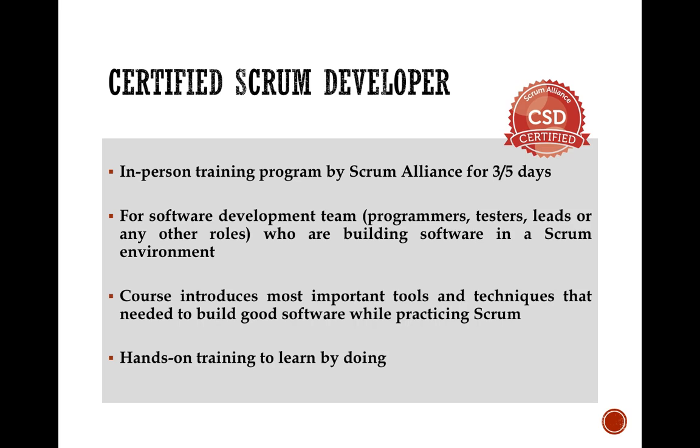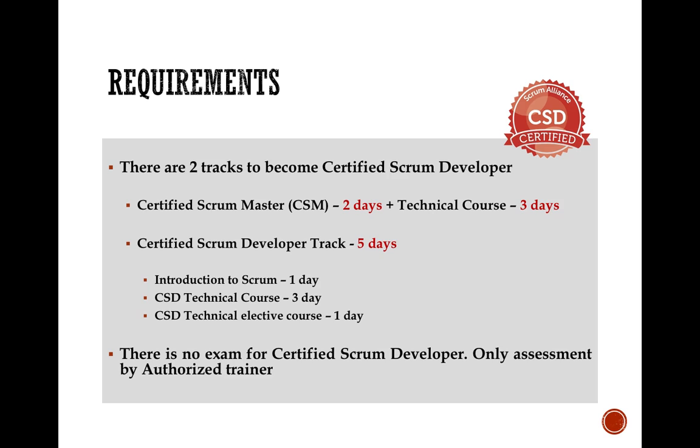The workshop introduces some of the important tools and techniques that help us to build good software, maintaining high quality. This training is hands-on, where you will learn by doing yourself, and it's not going to be a boring lecture.